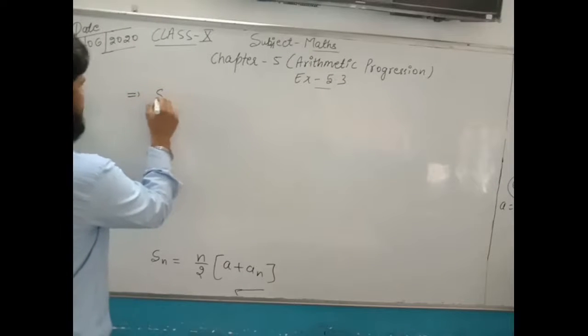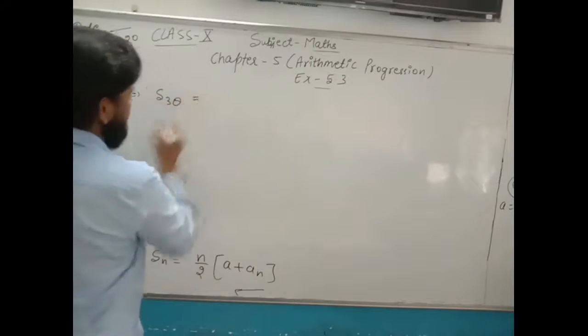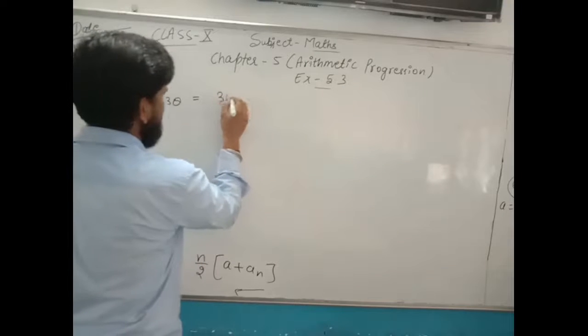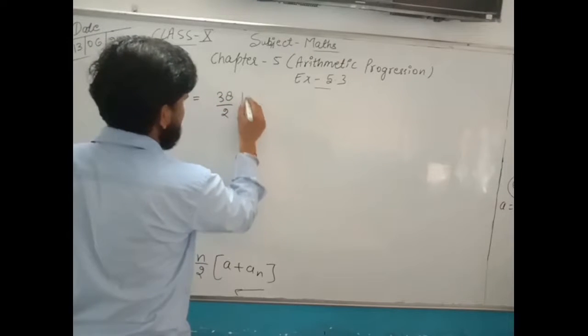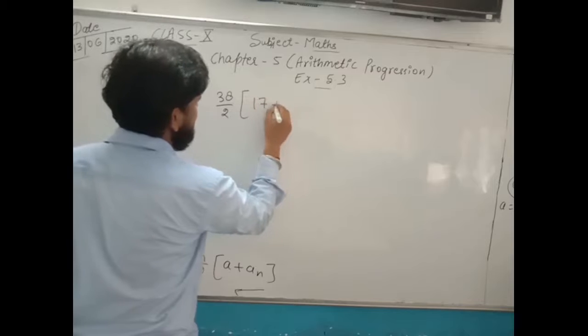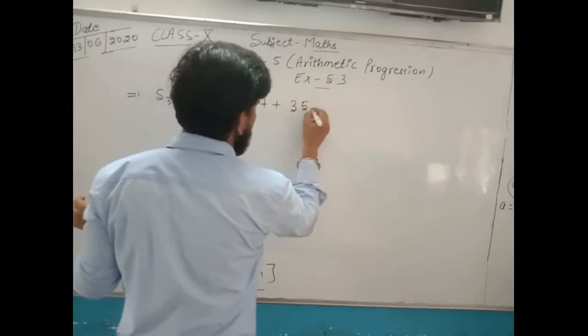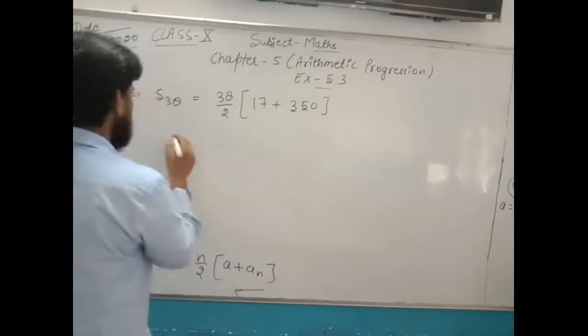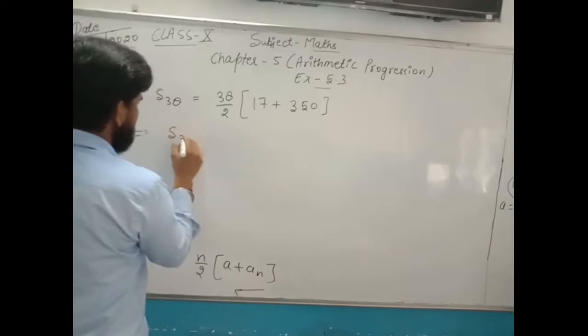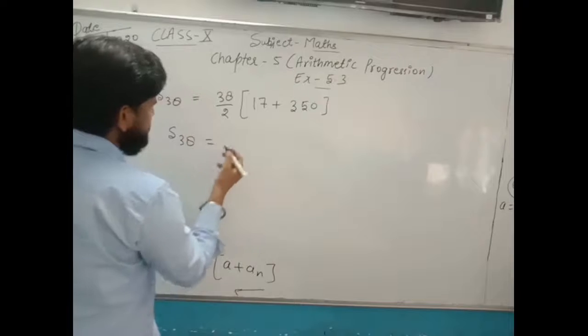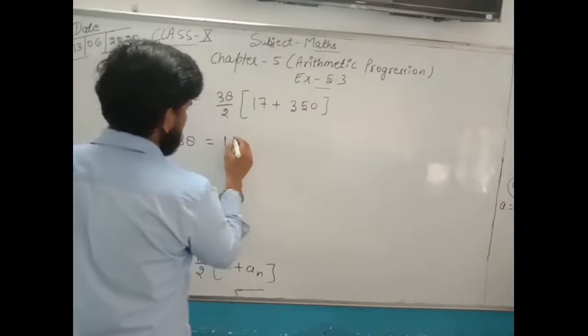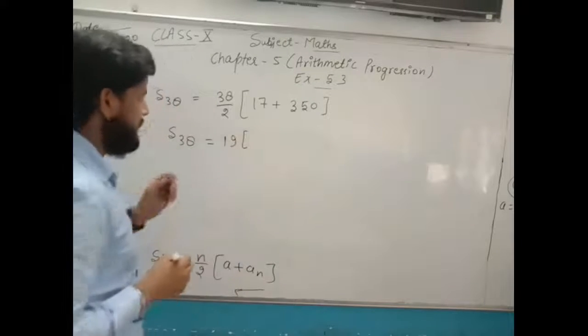Okay, so S38 is equal to 38 upon 2, a is 17 and an is 350. Okay, S38 equals to 2 1 ja 2, 2 9 ja 18.